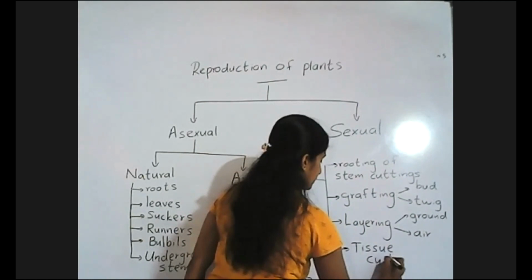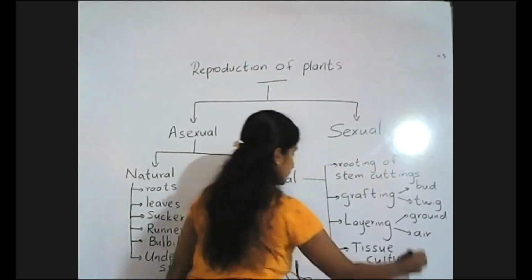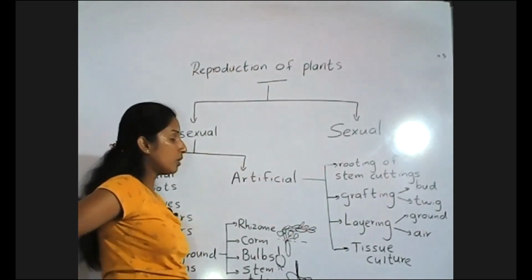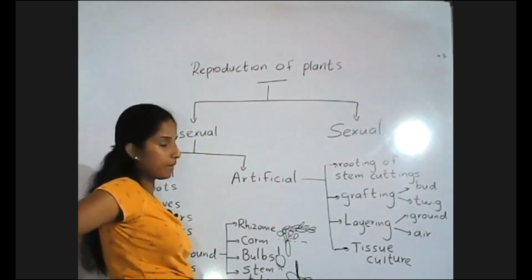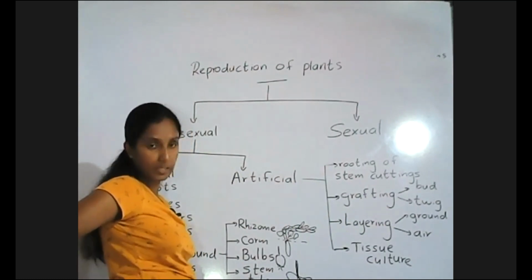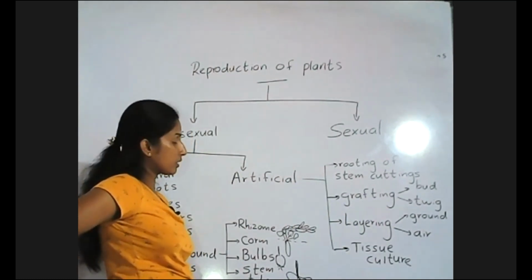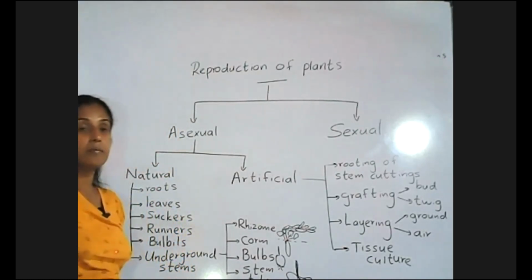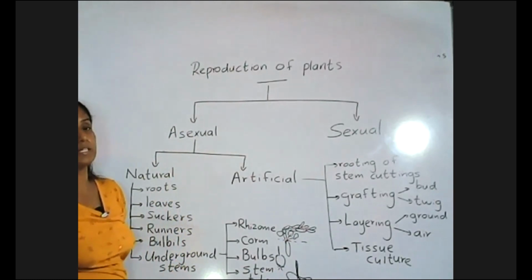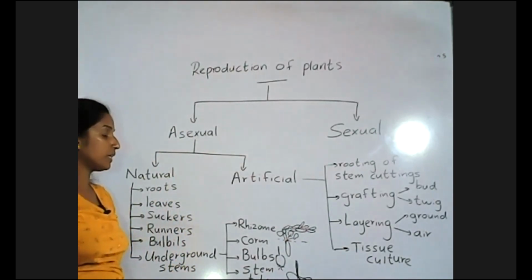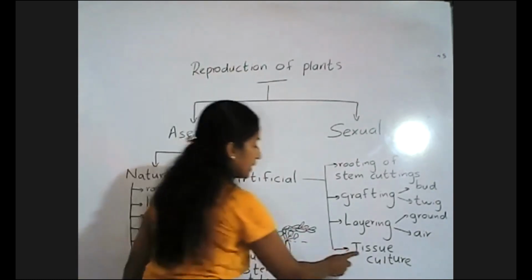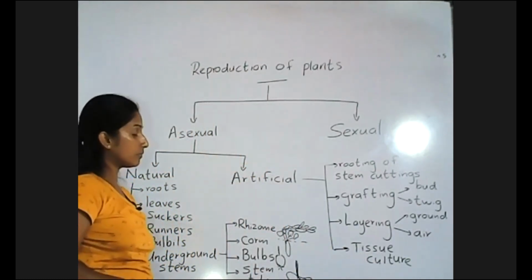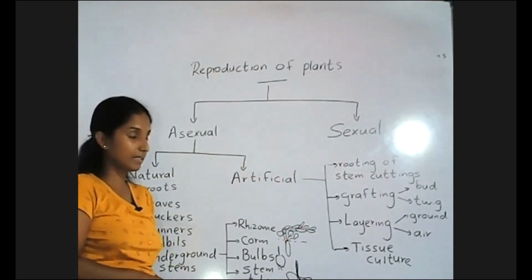Tissue culture is a method by which we can get many new plants in a short period of time that have the same features as the mother plant. But here you have to remember, in tissue culture we have to use controlled environmental conditions.